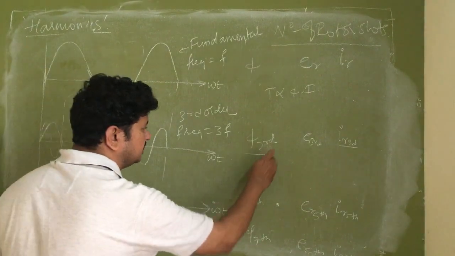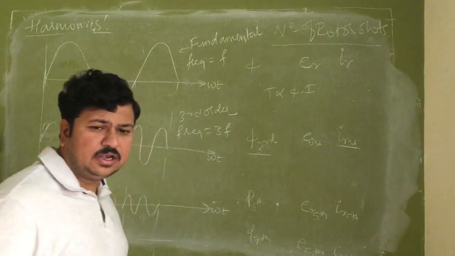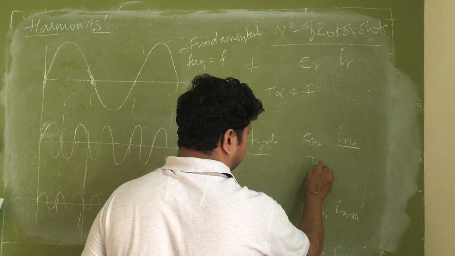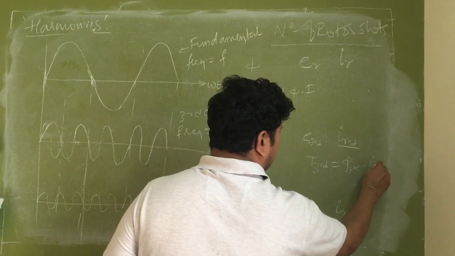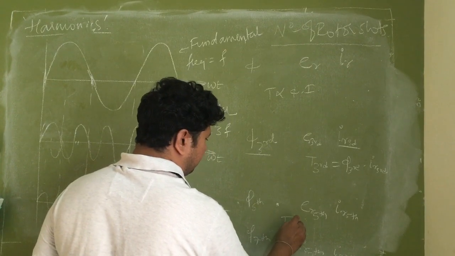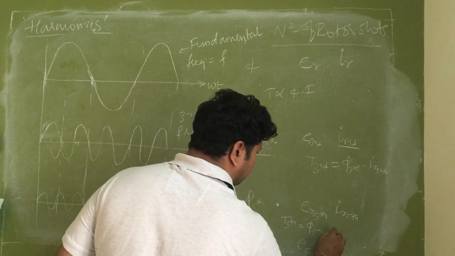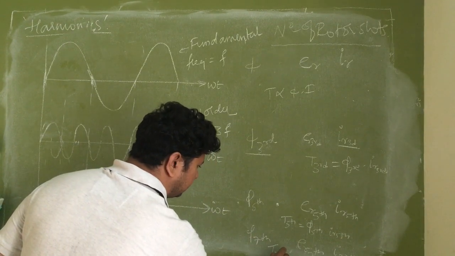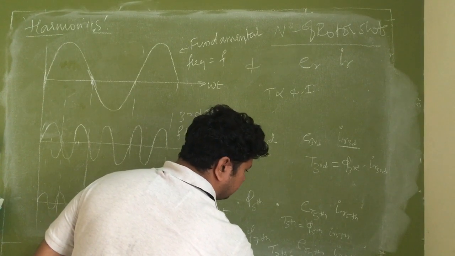There will be a torque produced, T third, equal to phi third into IR third. Similarly, torque produced for the fifth is equal to phi fifth into IR fifth. Torque produced for the seventh harmonic, T seventh, is equal to phi seventh into IR seventh.